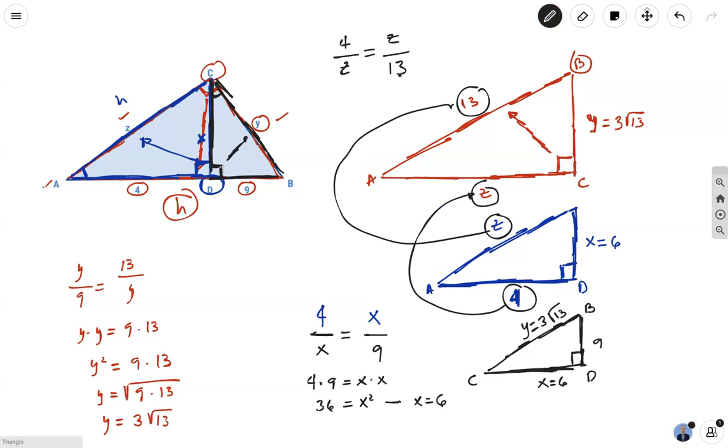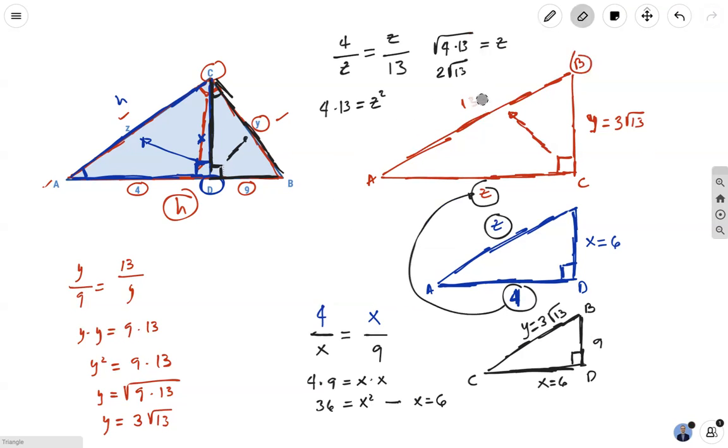Once again, I'm going to solve for my variable. So that's 4 times 13 equals z squared. And I'm going to need the square root. So square root of 4 times 13 equals z. And at the end, we have 2 times the square root of 13. So that was our only missing value.